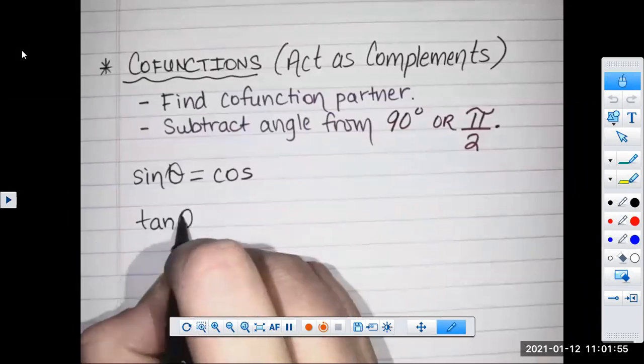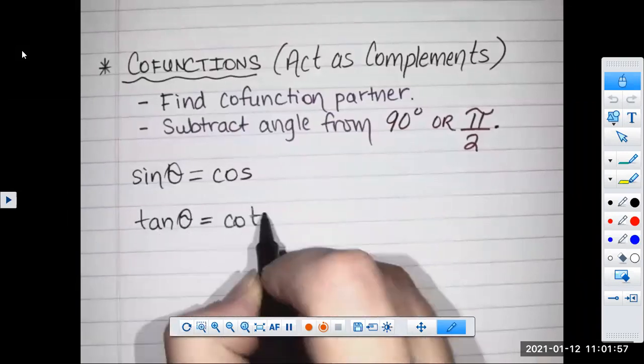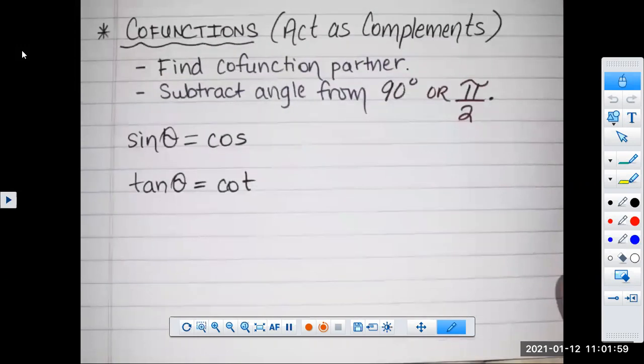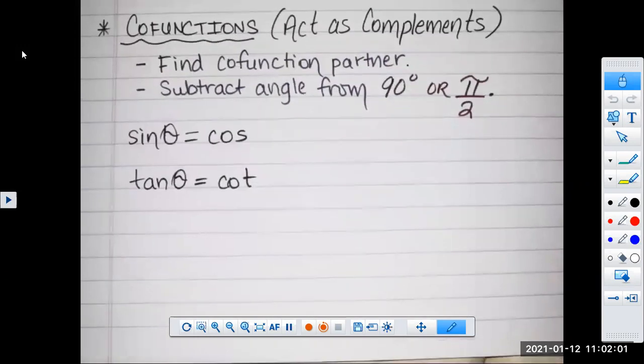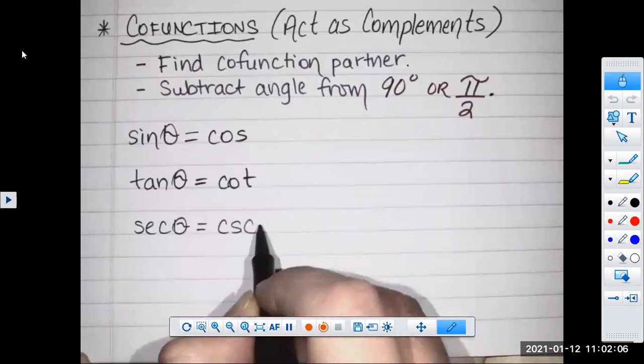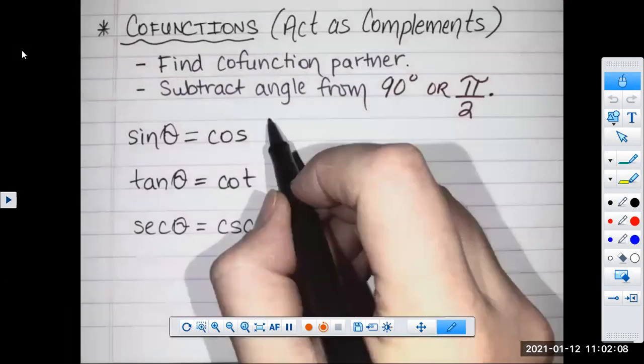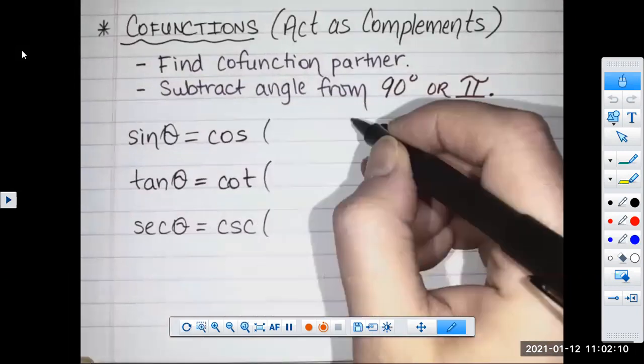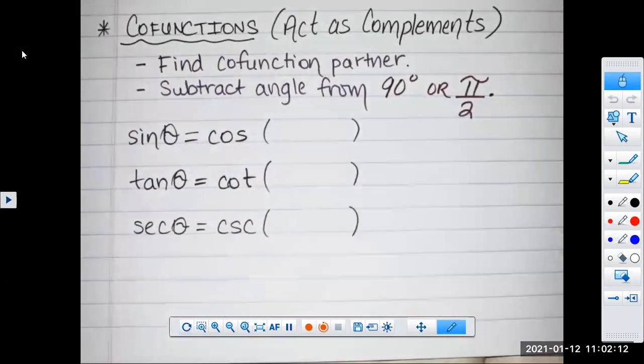Tangent and cotangent are cofunction partners. And secant and cosecant. So sine and cosine, tangent, cotangent, secant, cosecant.